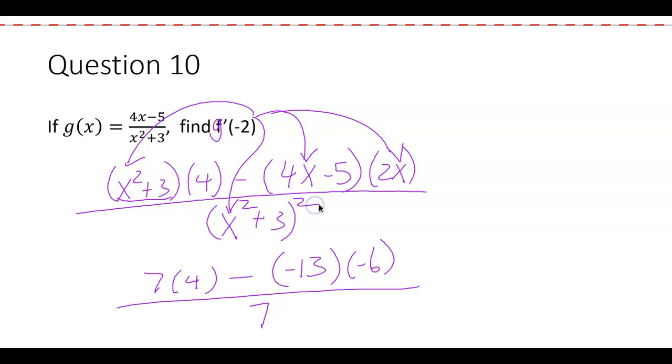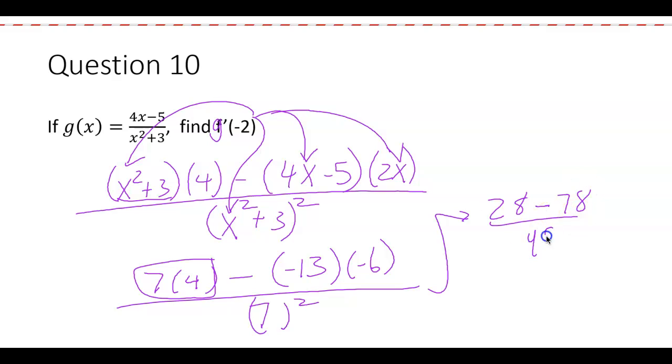Oh, and that was supposed to be squared, by the way. And then we're just going to simplify. So this is 28, and it's going to be minus 60 and 8 is 78 over 49. And that's -50 over 49. And that can't be reduced, so that would be my final answer there.